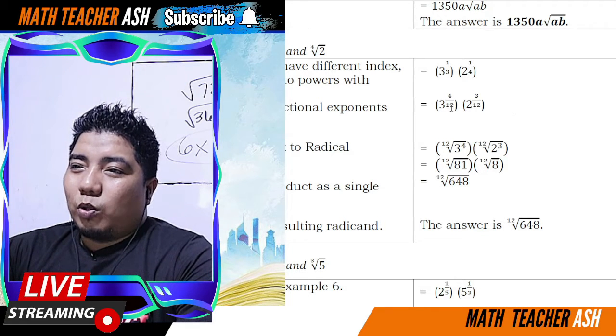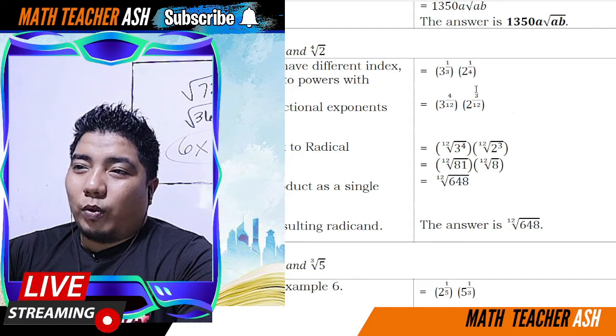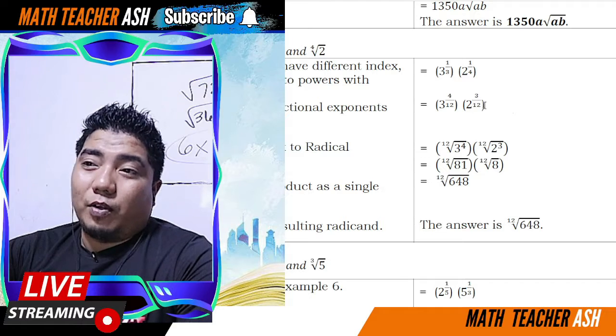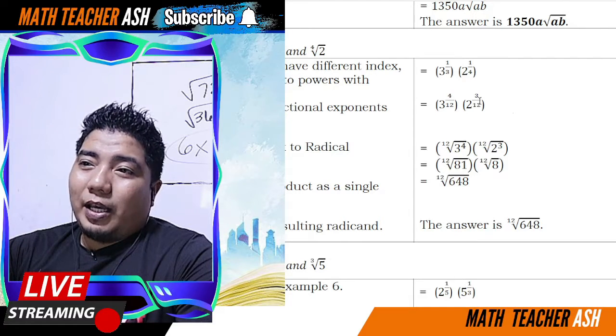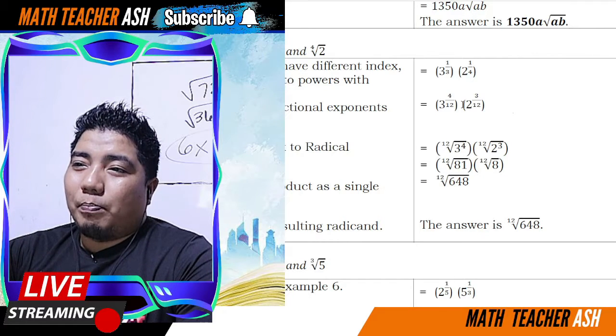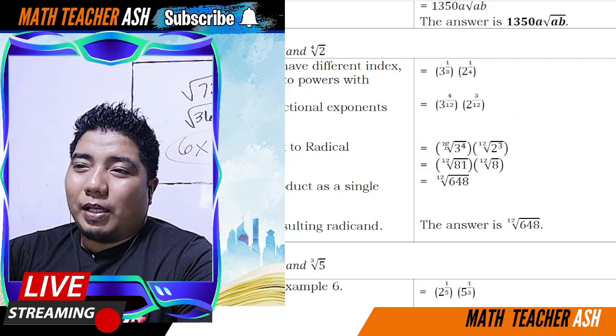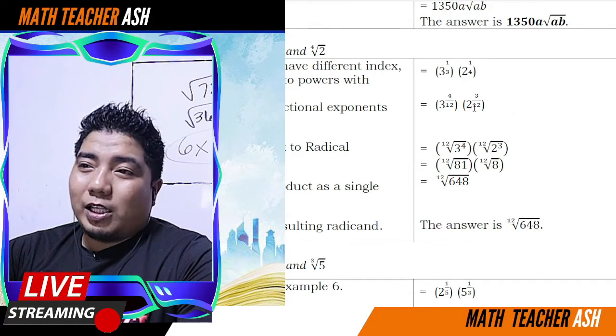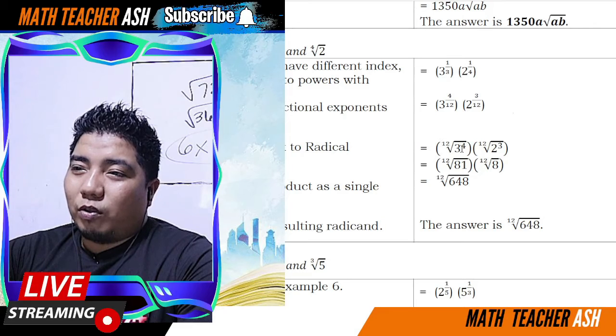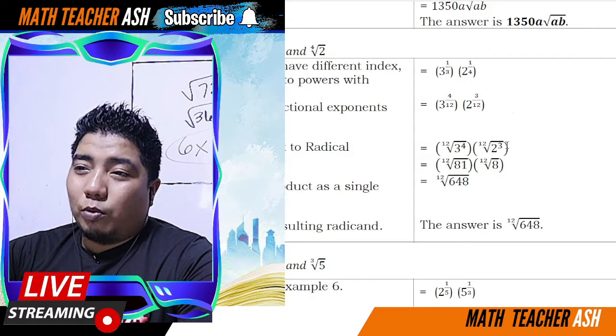So, 1/3 becomes 4/12, and 1/4 becomes 3/12. Okay? And now, since they have the same denominator, but not the same base, you cannot copy the base here. So, you now change this into a radical expression. So, it becomes 12 root of 3 to the 4 and 12 root of 2 cube.